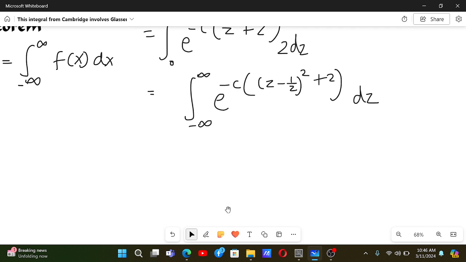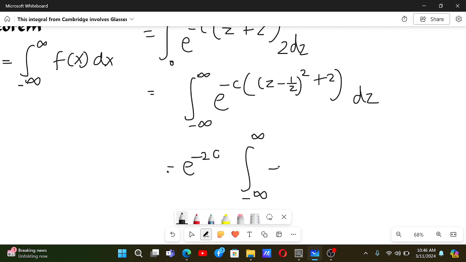Now after this, we can take e to the power minus 2c outside, and we have the integral from minus infinity to infinity of e to the power minus c times (g minus 1 by g) whole square dg.